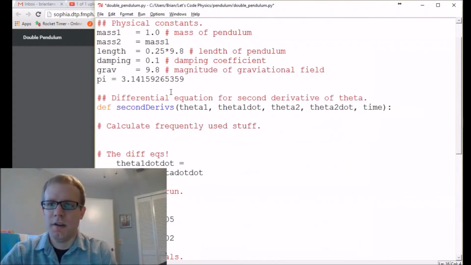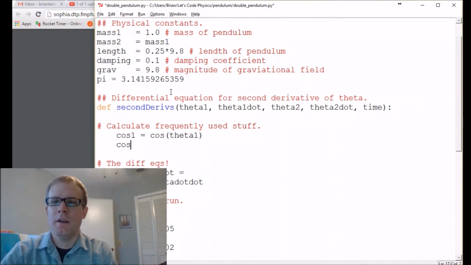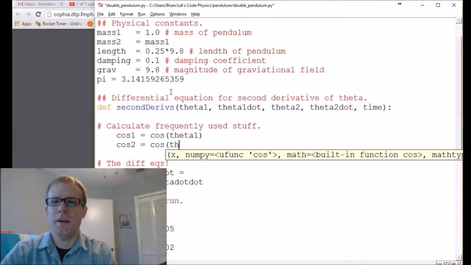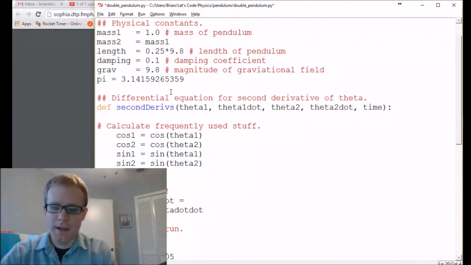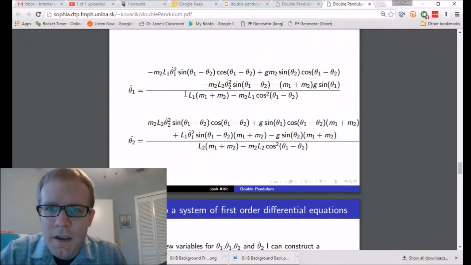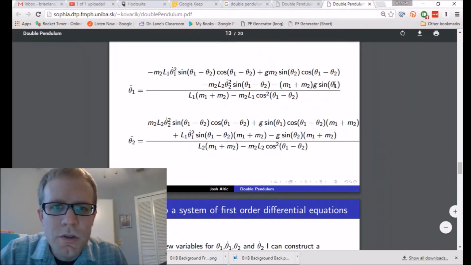So let's just call them cos 1 equals cosine theta 1, cos 2 equals cosine theta 2. It'll also make the writing a little bit easier. Sine 1 equals sine theta 1, sine 2 equals sine theta 2. And then we have the differences. I think he has it always written as 1 minus 2. Is that right?